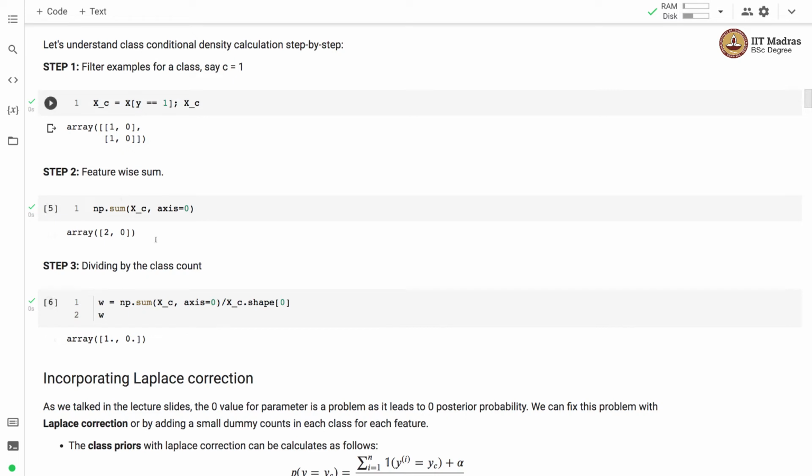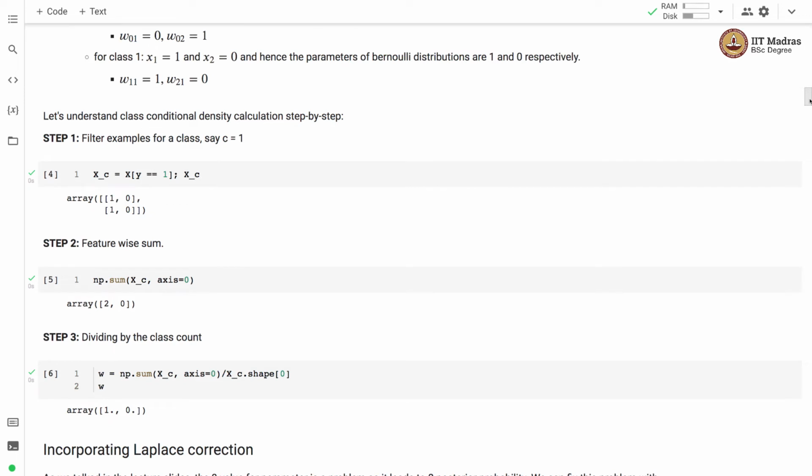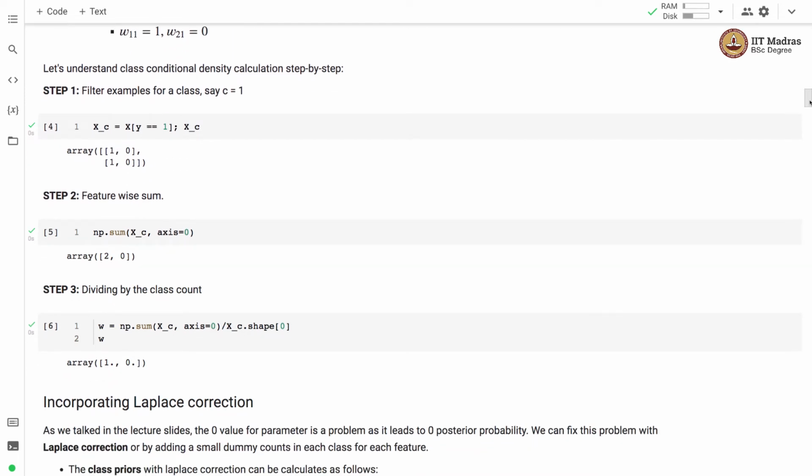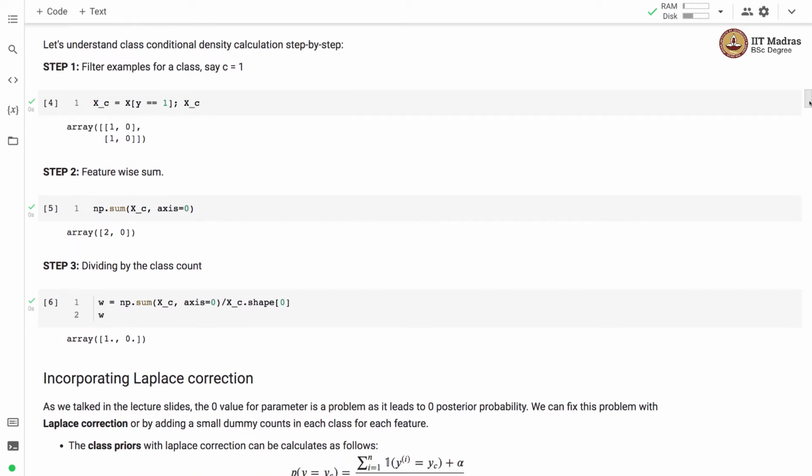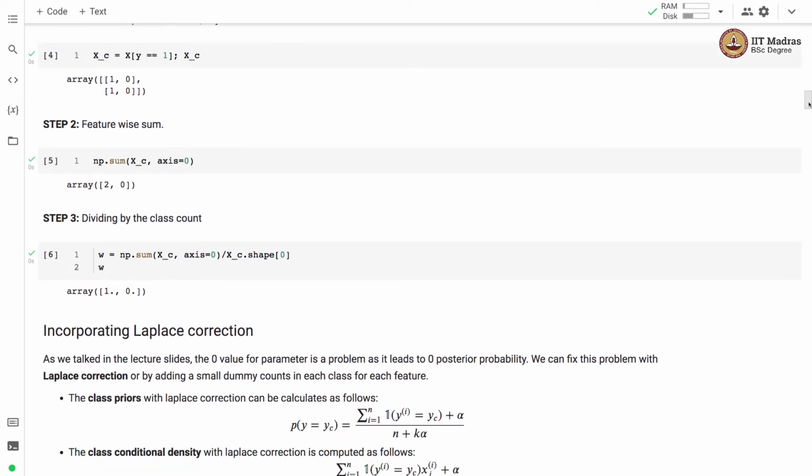Here the count is 2, and hence we get a weight vector of 1 and 0 corresponding to class 1. This process is also repeated for class 0, and we get a weight vector for class 0, and these weights correspond to the Bernoulli conditional distribution for each feature given the class label.